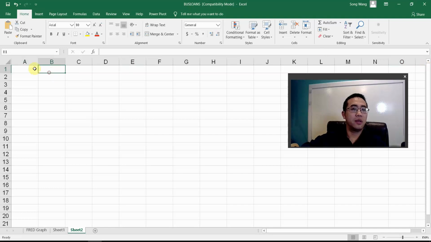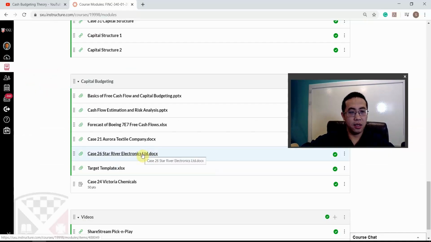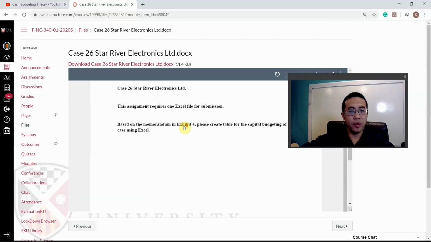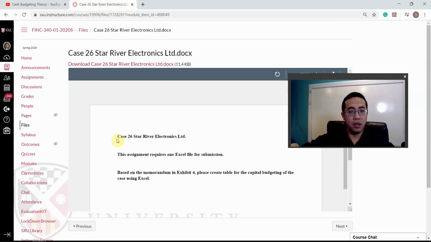All right, so this is a capital budgeting chapter, and what you need to find through the textbook for a case. Let's say you are looking at this case for Start River Electronics, so you need to work on Exhibit 4 of the case in your textbook.